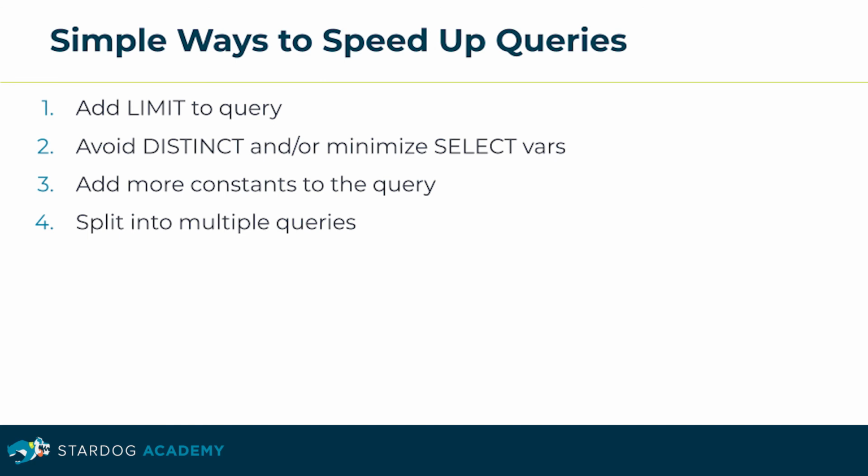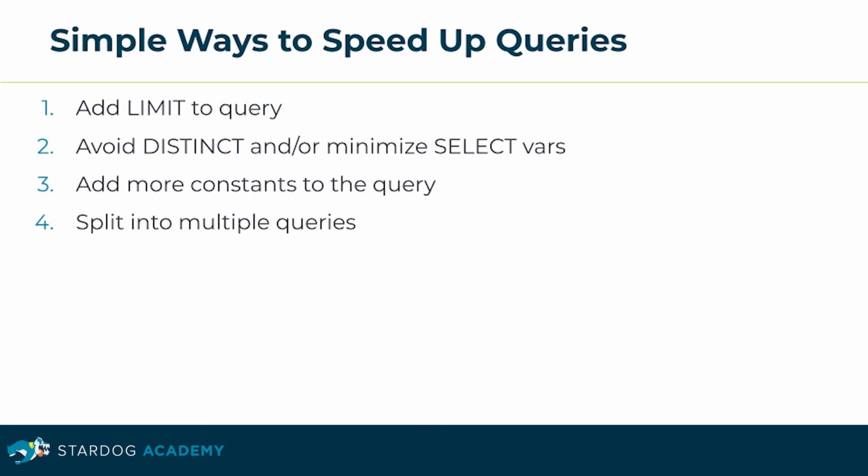So there are several ways to speed up queries. As discussed, we need to increase selectivity, make sure we preserve the pipeline wherever we can, and make sure that we are getting the data that we want. So first, adding a limit to a query, because quite often we don't need the entire data set, and performing paging operations very similar to relational databases, we're doing limit and offset, is a quick way to page through data.